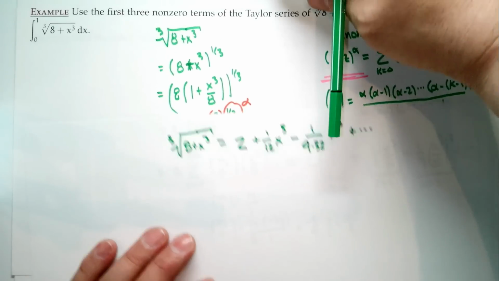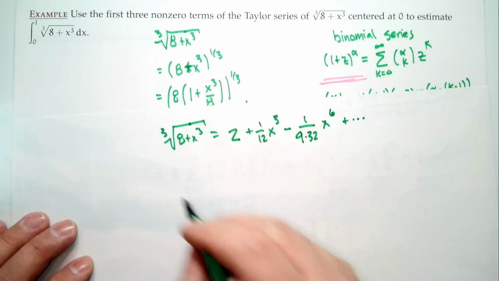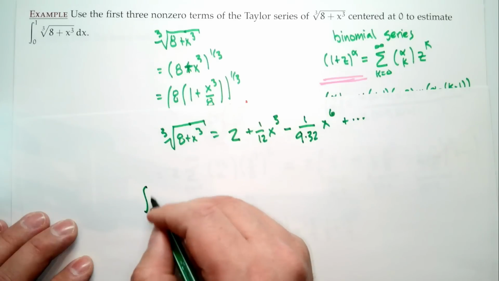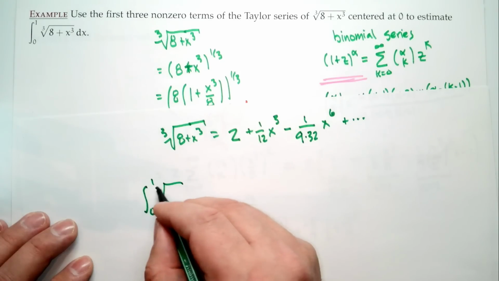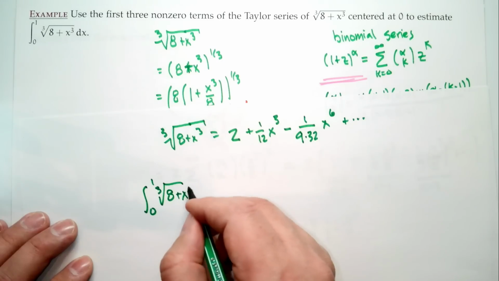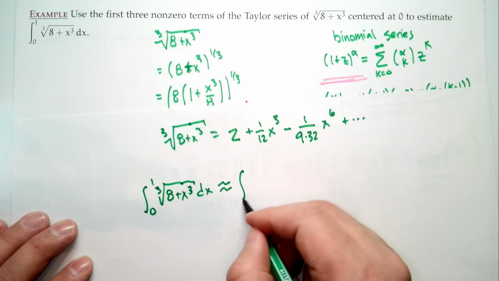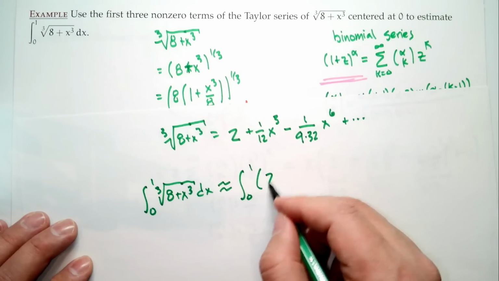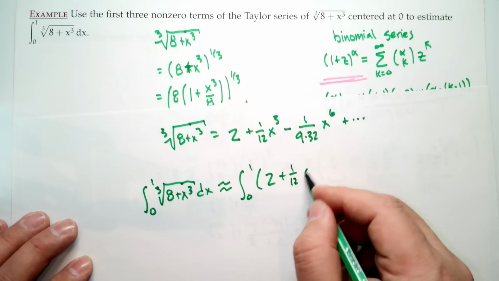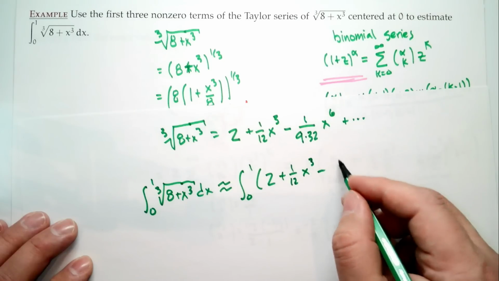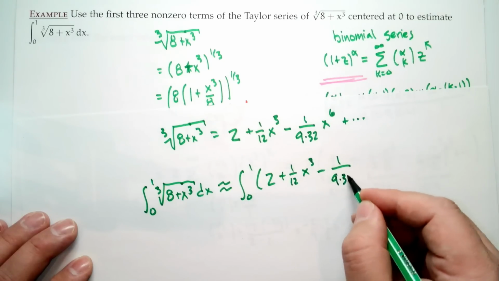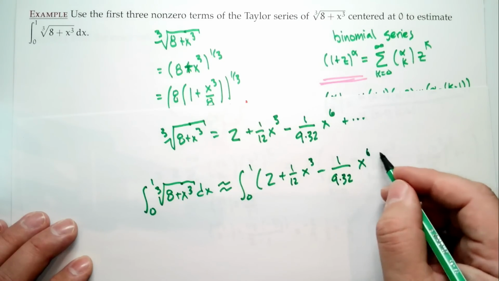Where are we going? We want to estimate that integral. So the integral from 0 to 1 of the cubed root of 8 plus x cubed dx is about the integral from 0 to 1 of 2 plus 1/12 x cubed minus 1 over 9 times 32 times x to the 6. And then we just stop it.